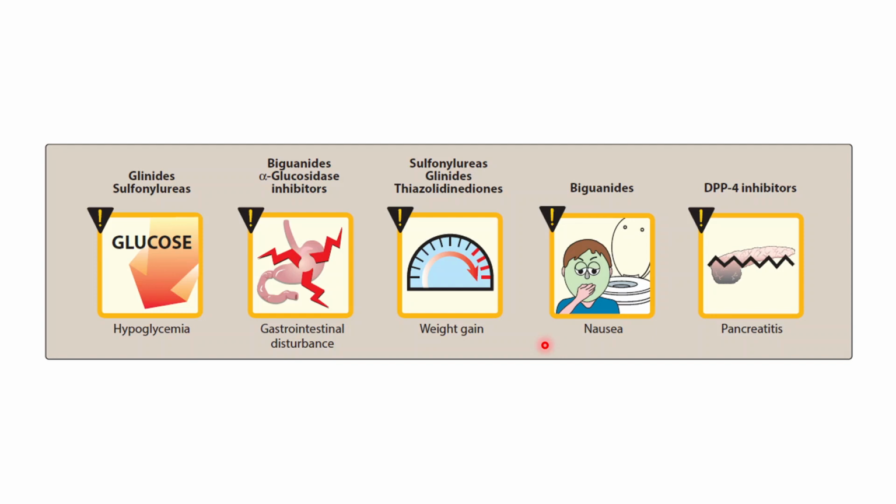Then there are also oral hypoglycemic agents that include the sulfonylureas and glinides, biguanides, inhibitors of alpha-glucosidase, and then thiazolidinediones, and inhibitors of dipeptidase 4. Every one of these drugs has a different mechanism of action, or they decrease the glucose by increasing the production of insulin in the pancreas, or by increasing the utilization of glucose by the tissues.